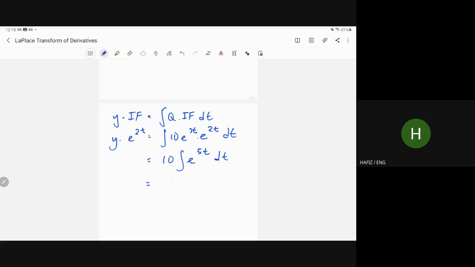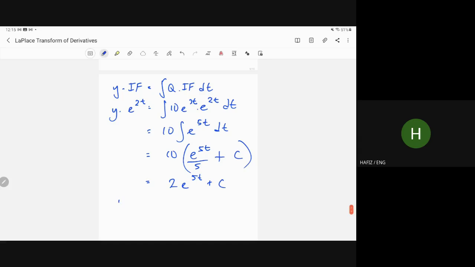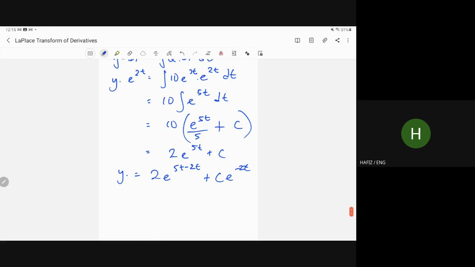And then you have 10e^(5t) over 5 plus C. That is actually 2e^(5t) plus C. And so your y is equals to 2e^(5t) minus 2t plus Ce^(-2t), and you get 2e^(3t) plus Ce^(-2t).